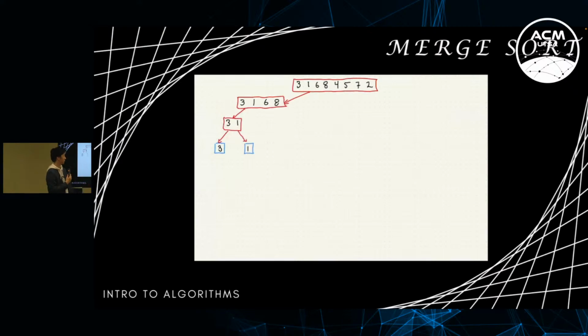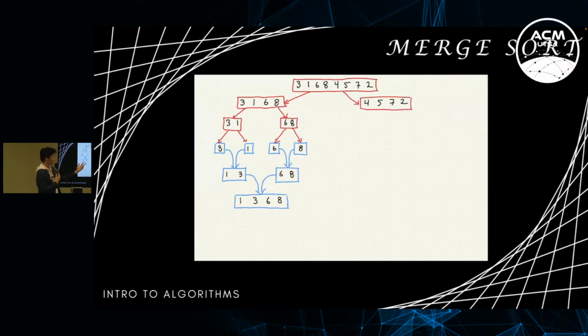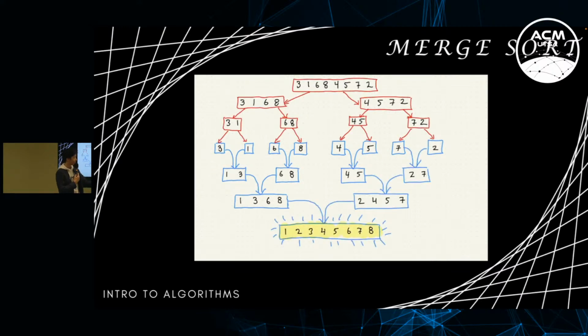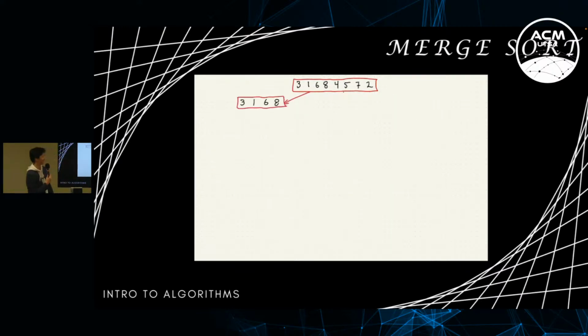Do this on paper: cut it in half, then compare 1 3, put it together, then 1 3 6 8, and cut it in half again. 4 5 2 7, and then 2 4 5. Okay, it's a little fast, but I'm sure merge sort is a very familiar concept to you guys.